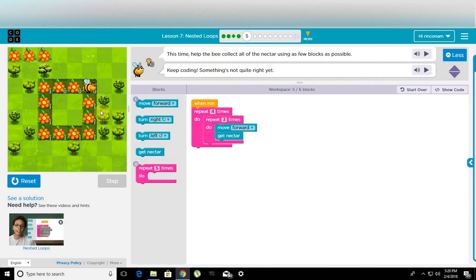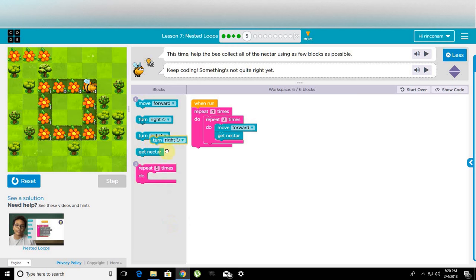Still no luck. The code wanted to keep working, but my bee essentially ran directly into this wall. Which brings us to the final thing that we need to think about. Yes, this puzzle is made up of 4 straight lines, but we have to turn to a new direction to make sure we're collecting the nectar.